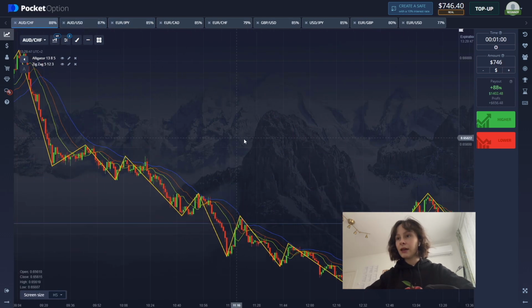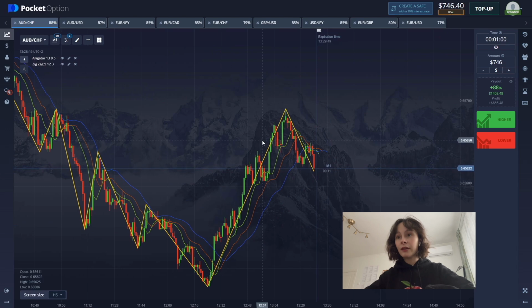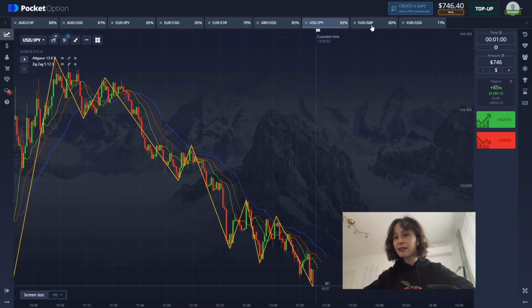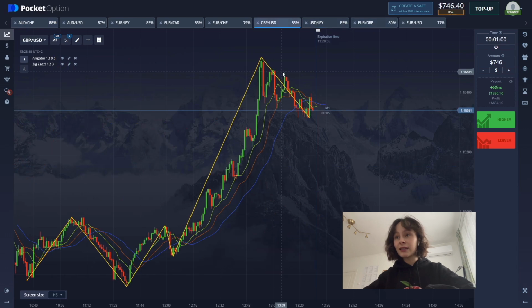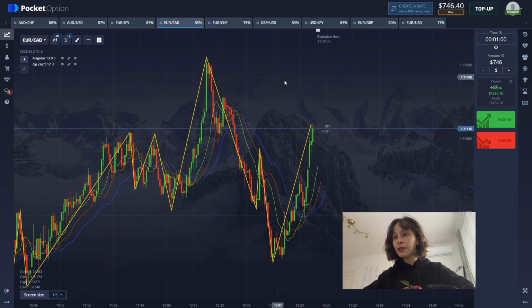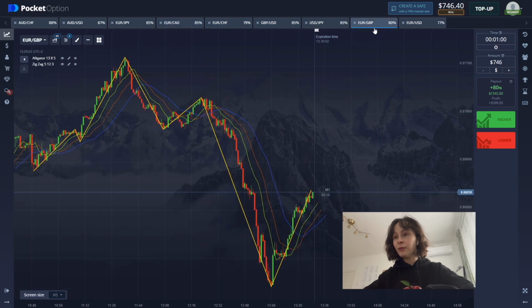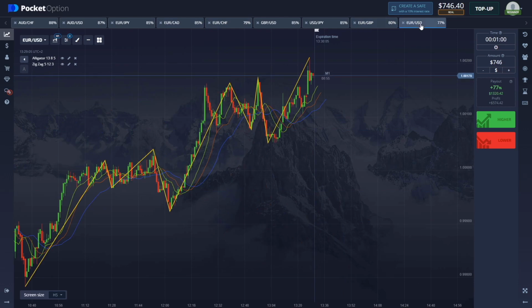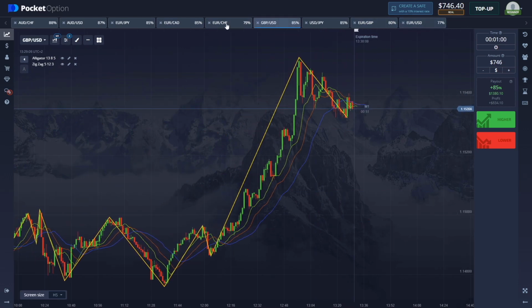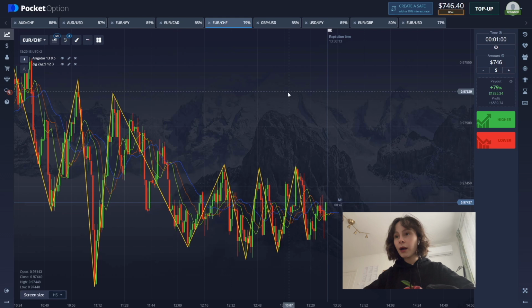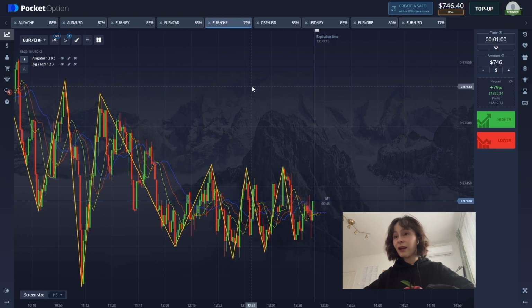We see a downward trend, but there is no pullback yet. Let's continue our analysis. It's not very successful so far. I don't see any pullbacks. I don't see any flat situations either.